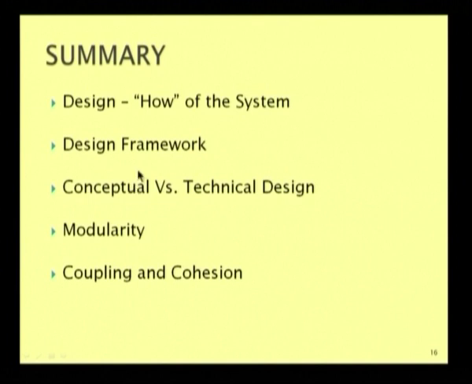Then, as part of designers, we distinguished between conceptual design and technical design, where in conceptual design we gave a high level abstract diagram, and in technical design we gave hardware and software specifications. We also defined a term called modularity, in which we started defining what coupling and cohesion mean. Now we will look at some of the questions.